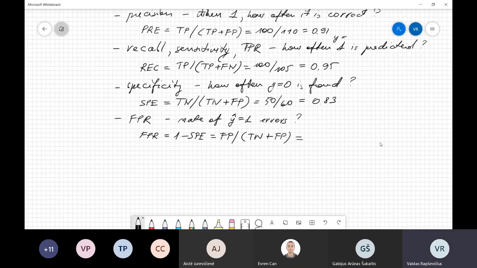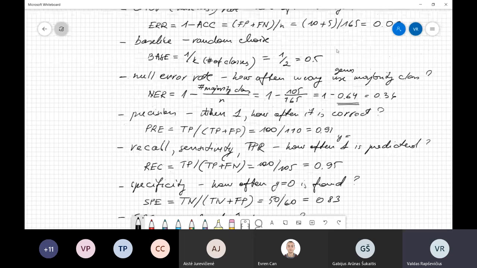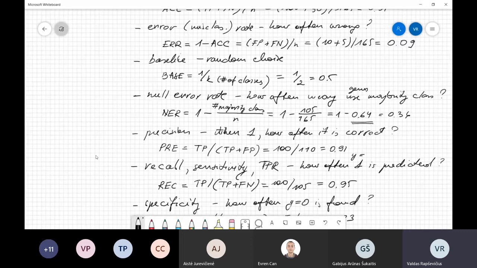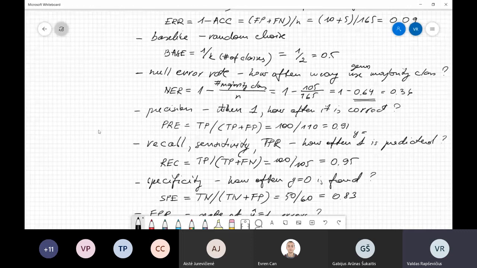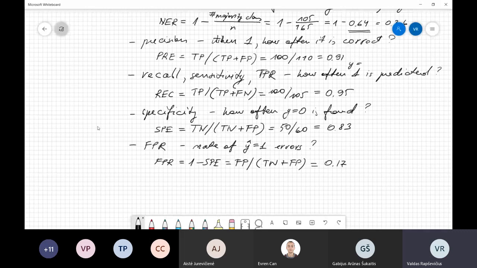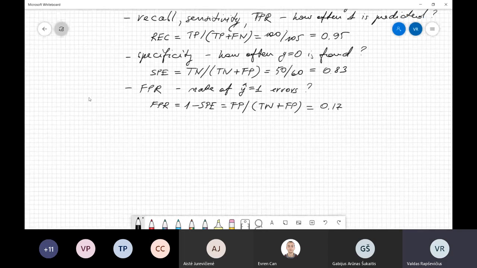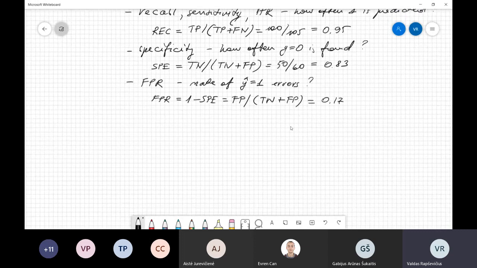In this case, it's 1 minus 0.83, which is equal to 0.17, right? So 17% of our patients we have identified incorrectly. For instance, we have identified COVID-19 patients that are not really sick. So these unlucky guys would be put into the hospital, into the same room with other ill persons, and eventually we would get the disease, I guess, unfortunately.